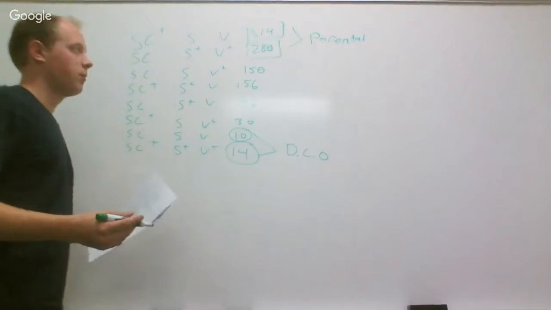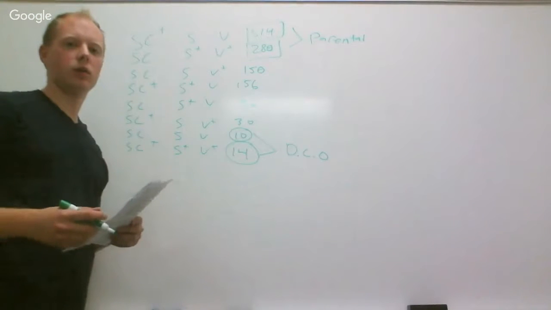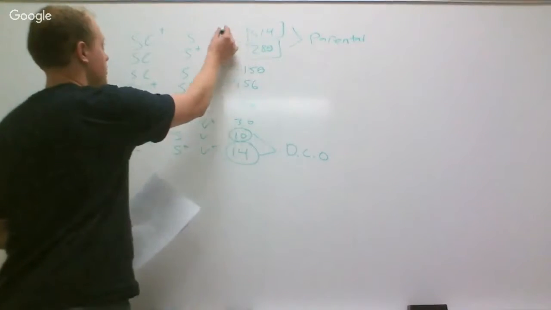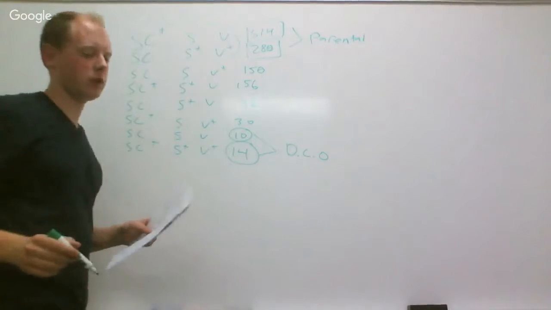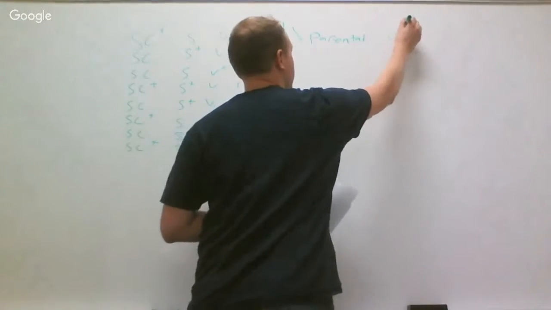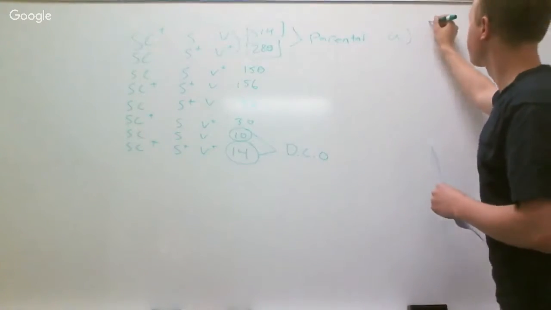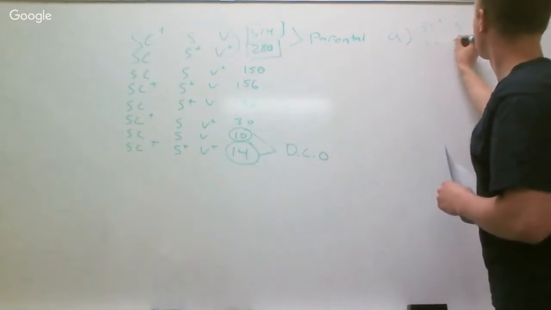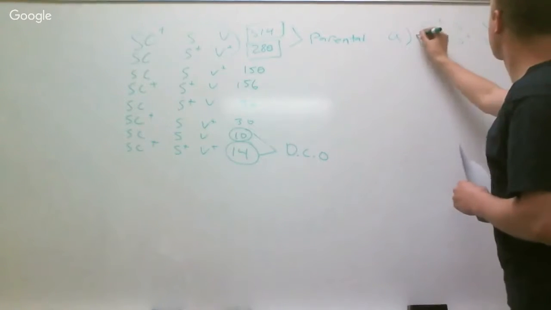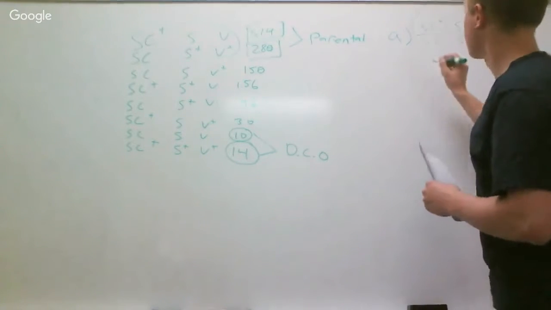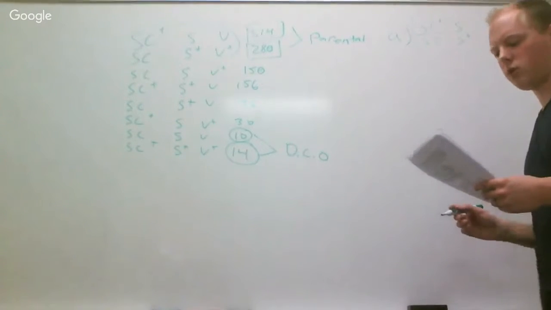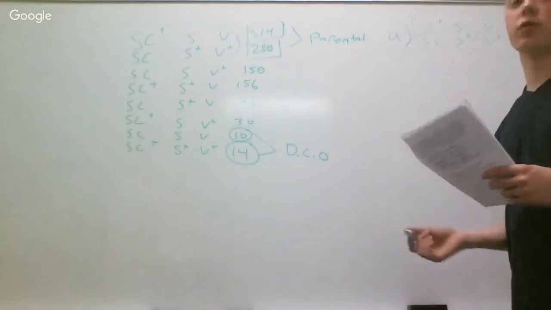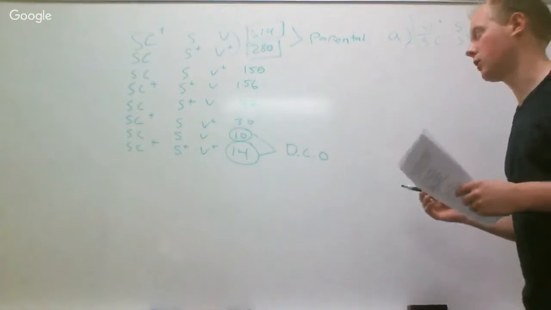So for part A, we need to figure out the arrangement for the heterozygous parent. And we'll just take these genotypes right here for the parental alleles. In order to determine the gene order, we'll find which one of these genes switches over the double cross, and that will be our middle gene.